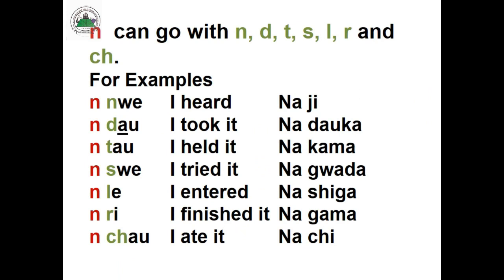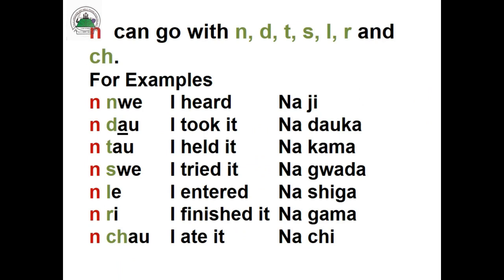Now for example, we have this first example there, nwe, which means I heard, naji in Hausa. So you see the nasal consonant, now the next word that comes starts with this consonant. Another example is ndo, which means I took it in Hausa, na dauka.